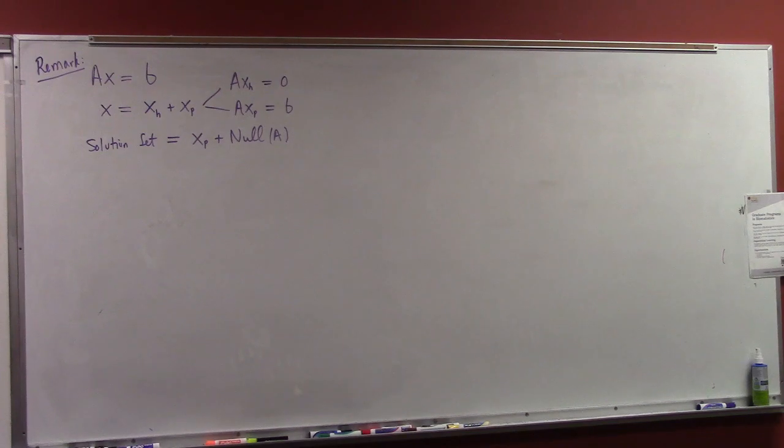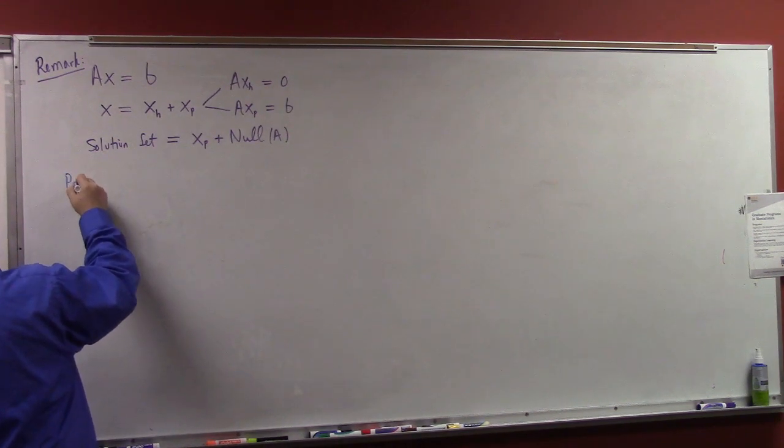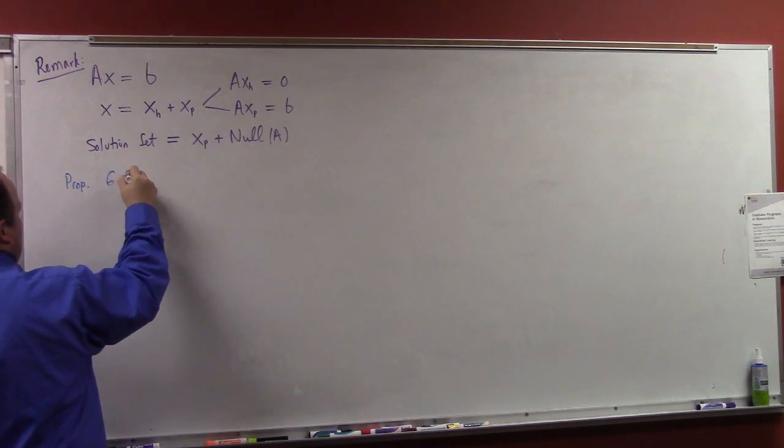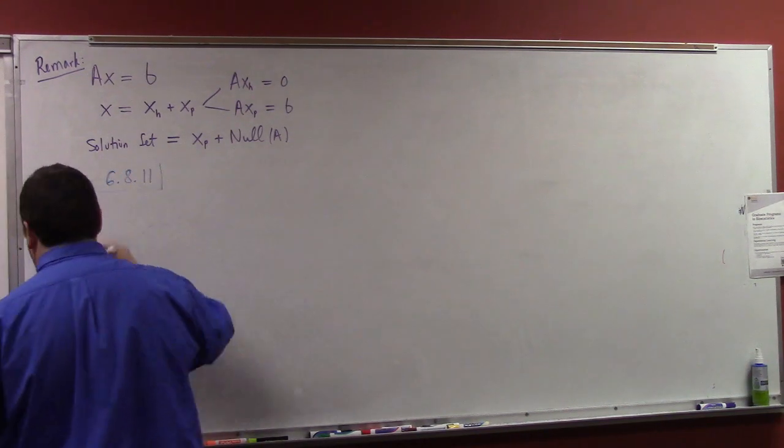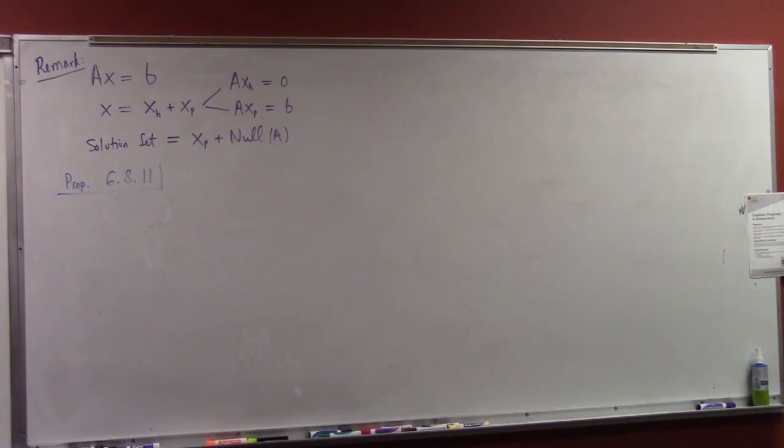And then what is 6.8.11? V a finite dimensional vector space, W a subspace of V, P plus W is a solution set. Oh, now proposition 6.8.11 is something actually kind of interesting, which would stop most linear algebra students in their tracks.